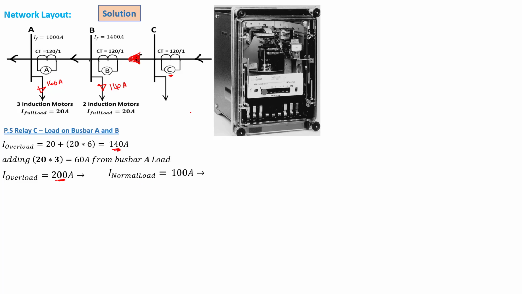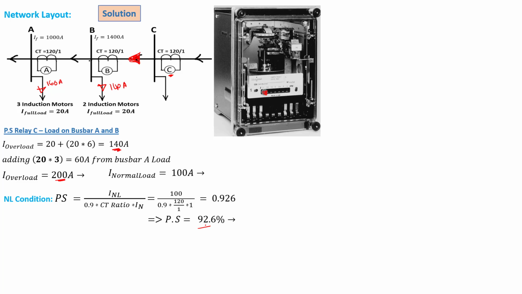Then from here we can calculate the plug setting for our relay at C. The first one, the normal condition, gives us a value of 0.92, which means a plug setting of 92.6%. Then we move on to the overload condition. The plug setting will be I overload divided by 1.1, again the pickup current setting.